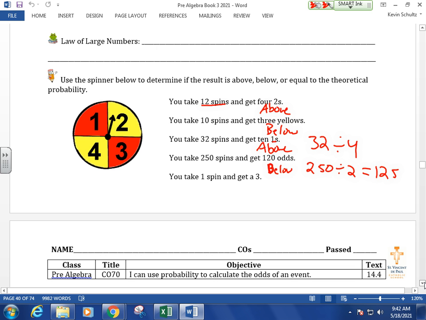Okay. You take 1 spin and you get a 3. If you take 1 spin of anything, 1 flip of a coin, 1 roll of a die, 1 of anything, your result will always be what? Above, below, or equal to what should have happened?